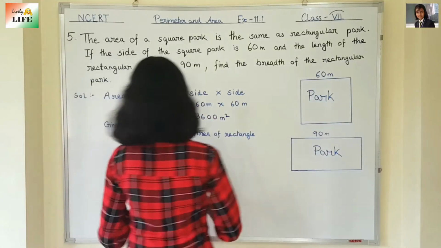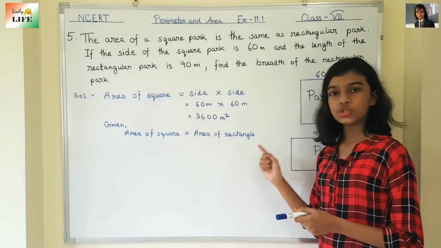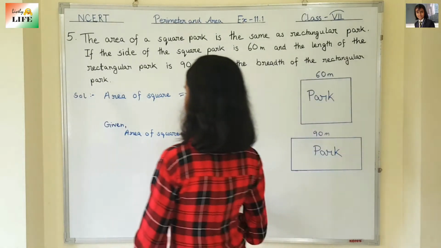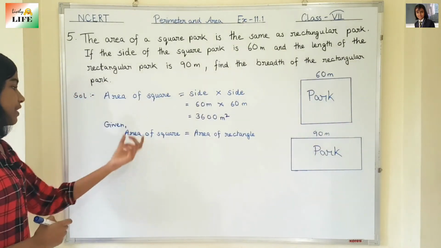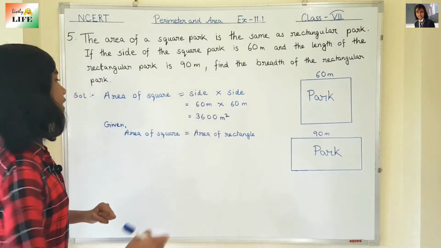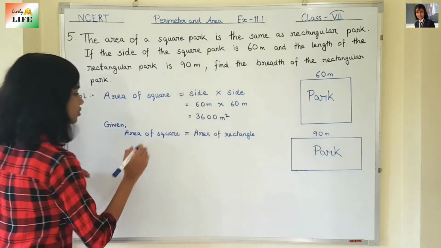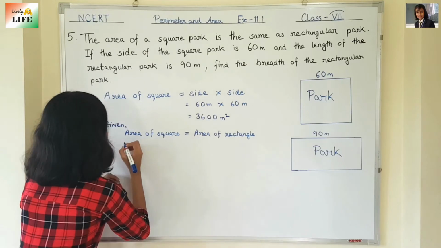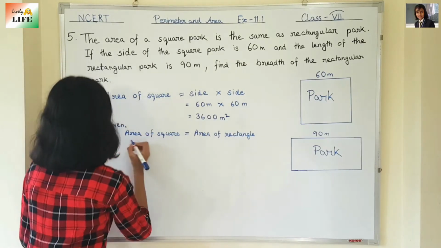Okay. Area of square is equal to area of rectangle. Now what? So if area of square is equal to area of rectangle, area of square is 3600 meter square, then area of rectangle will also be 3600 meter square.